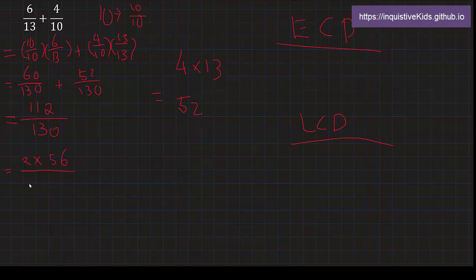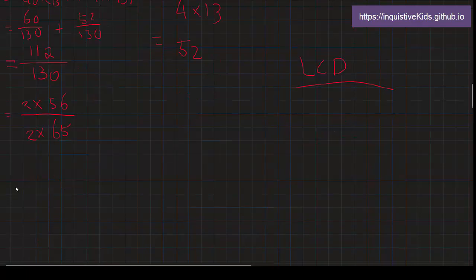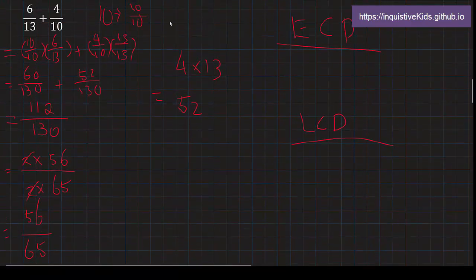And the bottom is 2 times 65. So now we can cross these out, and it leaves us with 56 over 65. And that is our answer.